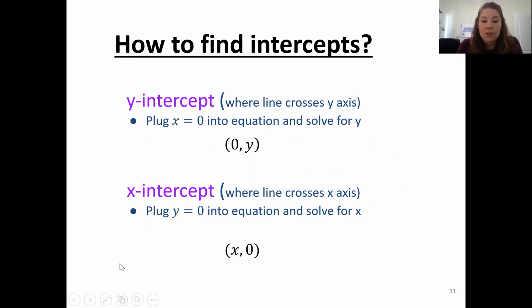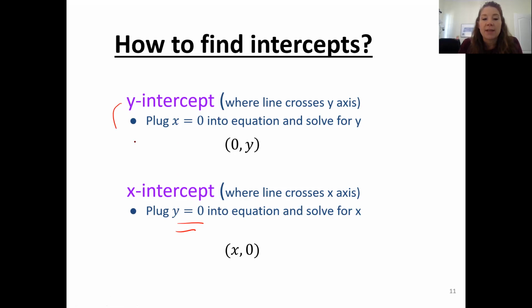All right, so when you graph lines on a coordinate plane, one of the easy ways to do it is to identify the x-intercept and the y-intercept. Okay, so when you find the y-intercept, you're going to set x equal to 0. When you find the x-intercept, you're going to set y equal to 0.